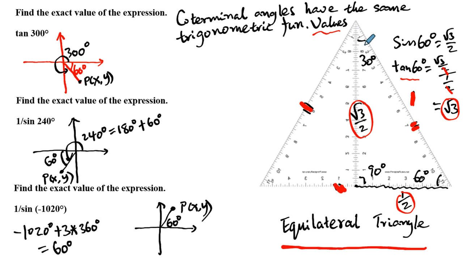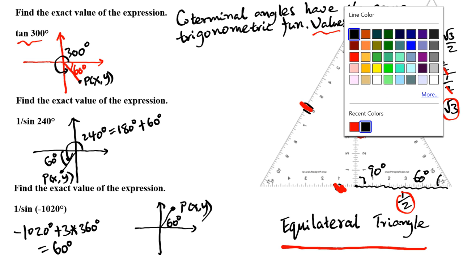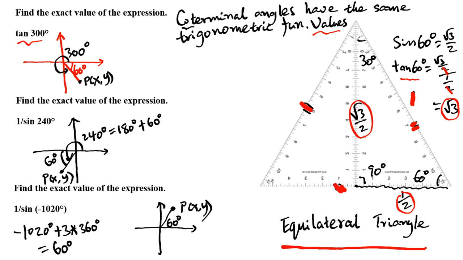Now let's see how we are going to find tangent 300 degrees. Remember, co-terminal angles have the same trigonometric function values. In this case, 300 degrees is this far.